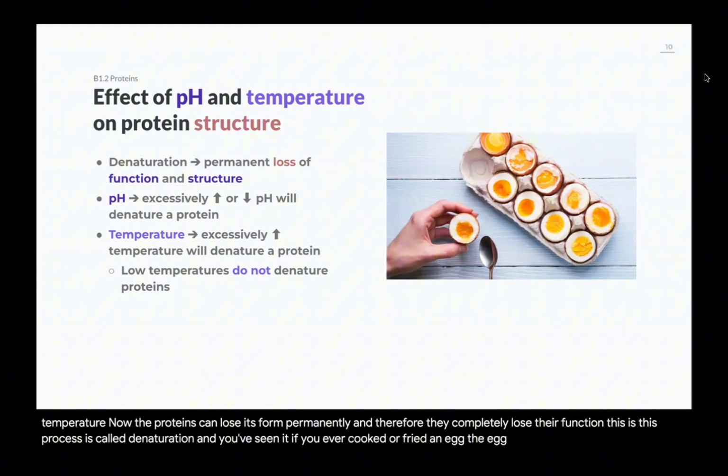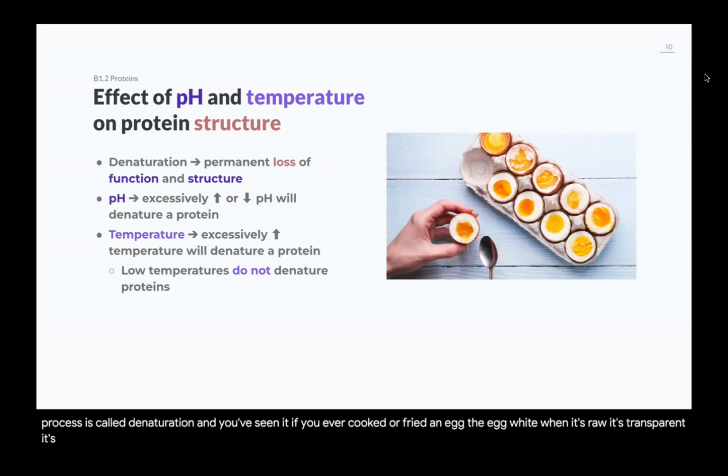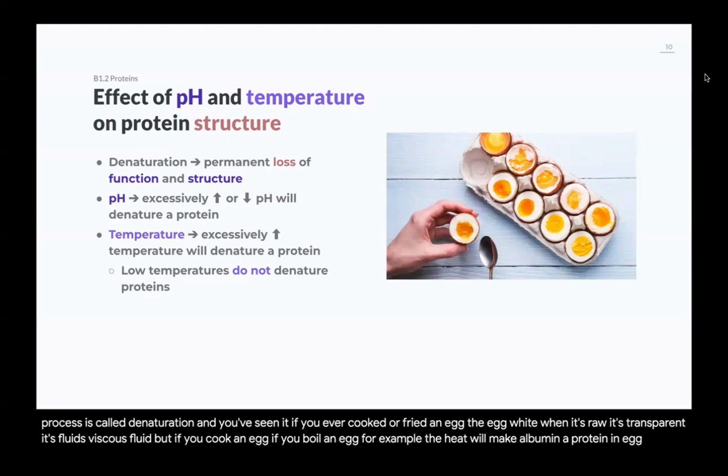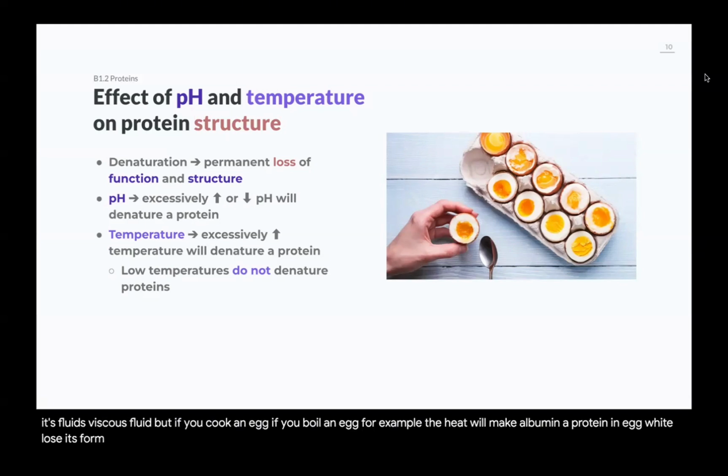The egg white, when it's raw, it's transparent, it's a viscous fluid. But if you cook an egg, if you boil an egg, for example, the heat will make albumin, a protein in egg white, lose its form. And that's permanent. You cannot unboil an egg. Once you boil an egg, it's forever.